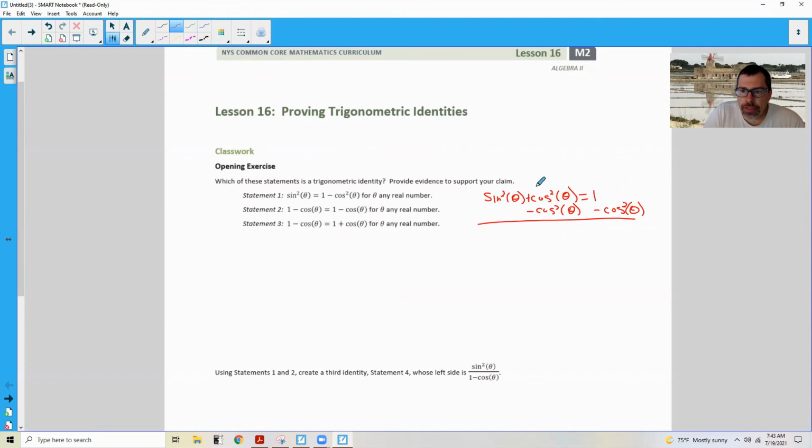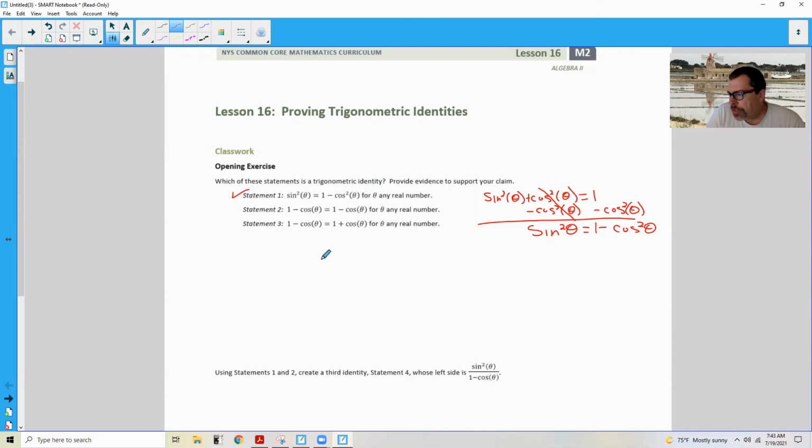What's going to happen is these cosine squared theta cancel, and I get sine squared theta equals 1 minus cosine squared theta. So statement 1 is just the Pythagorean identity rearranged, so that is a trigonometric identity.